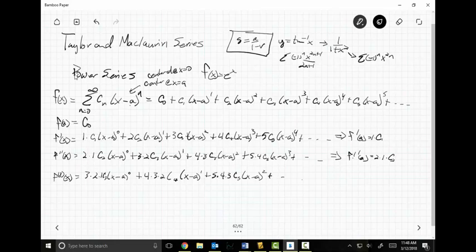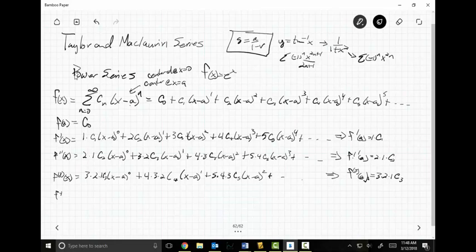That goes on forever, which implies that the third derivative at a, remember, plug in a, is equal to 3 times 2 times 1, c sub 3.